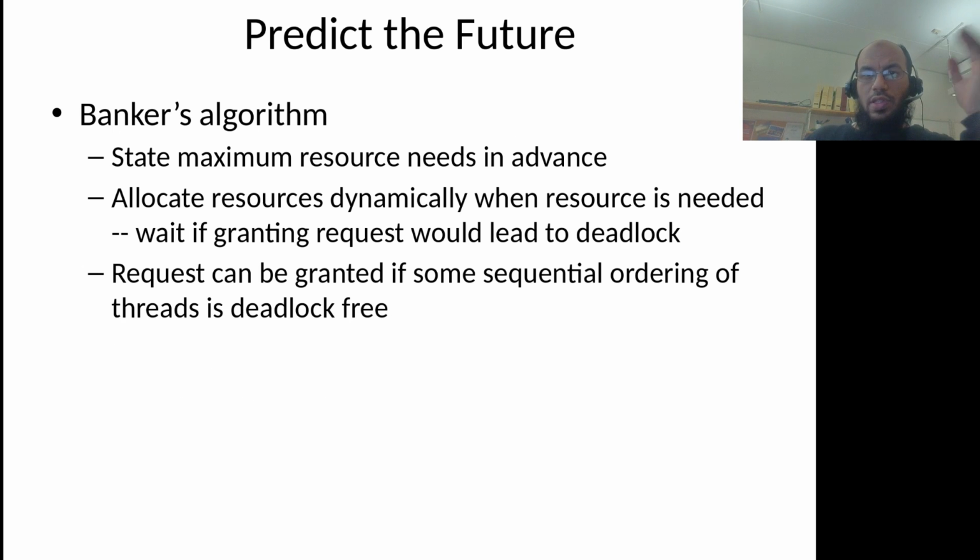There are methods that try to predict the future, and one of them is Banker's algorithm, which tries to state the maximum resources needed in advance. So you as a programmer make the program try to predict the maximum resources needed in advance. And you allocate resources dynamically when they are needed, and wait when granting requests would lead to a deadlock.